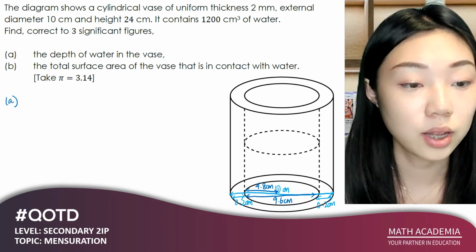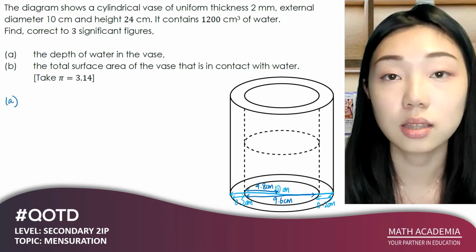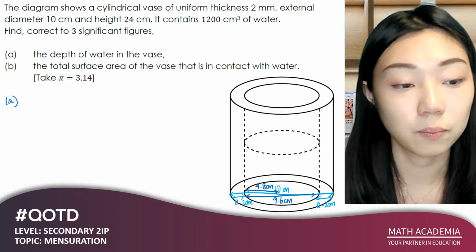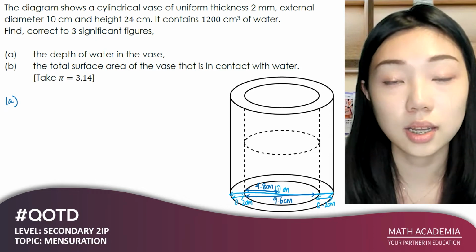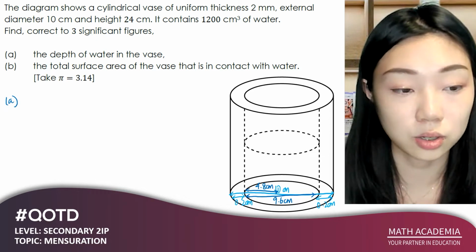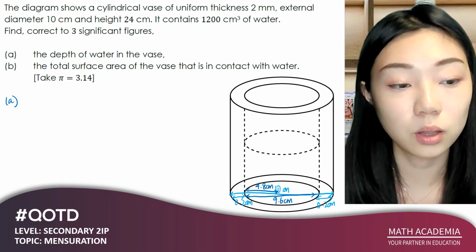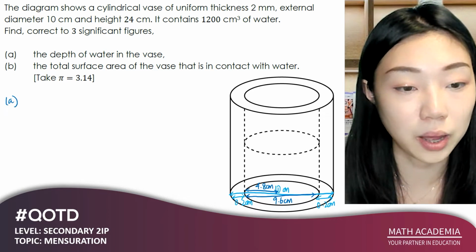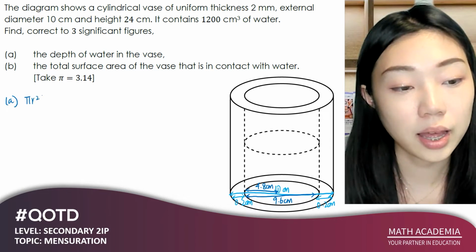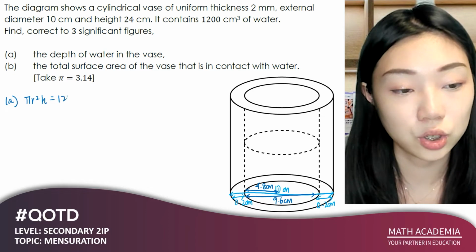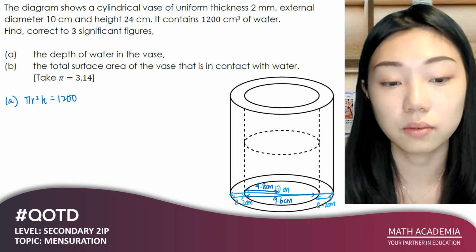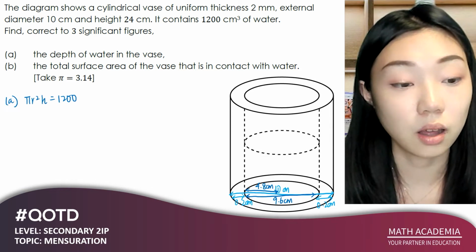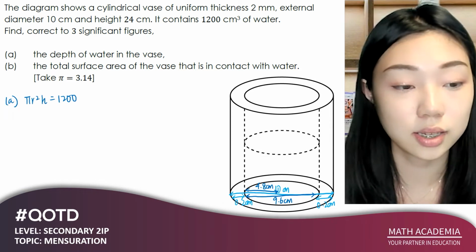They're asking for the depth of water in the vase, which is, we know that the volume of water in the vase is 1,200. And the volume of water in the vase is given by pi r squared h. All right, and we know that the radius of the vase would be 4.8 centimeters.